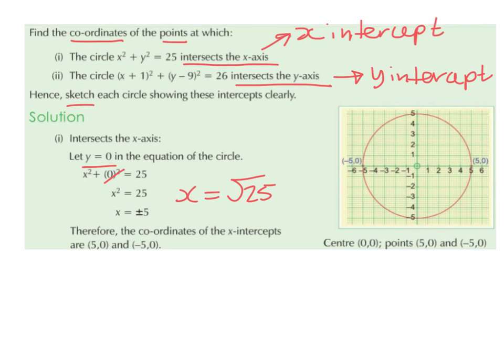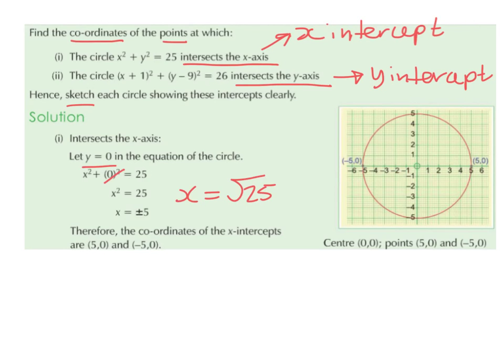So now we want to sketch our circle. We know that this circle has a centre of 0, 0 because it's in the form of x squared plus y squared. So we put our compass point on 0, 0 and open up our compass so that our compass point stops at either 5, 0 or minus 5, 0.